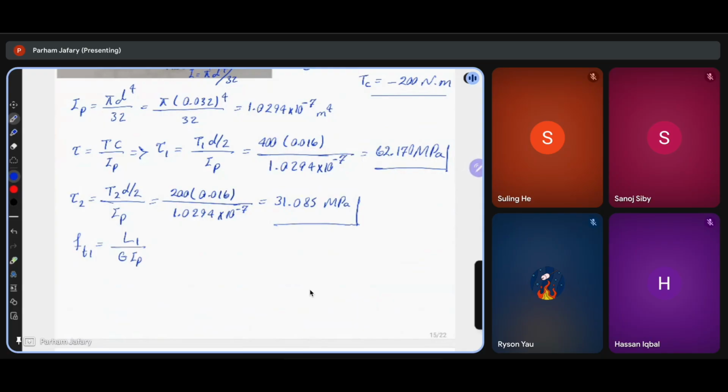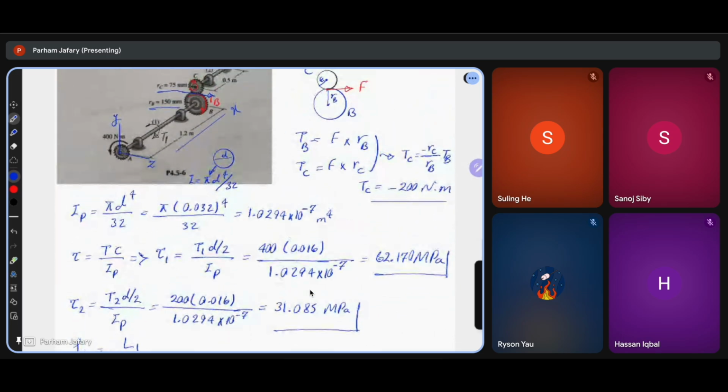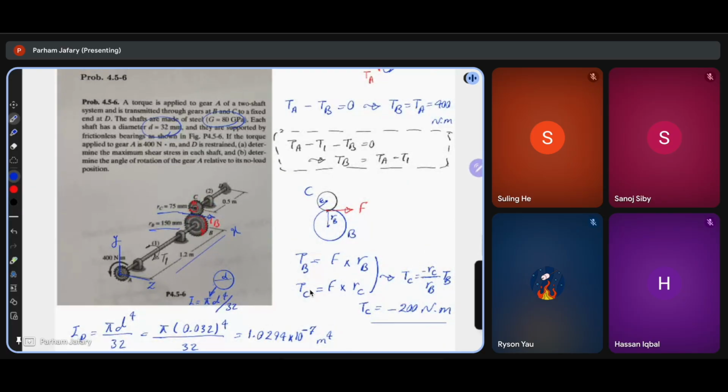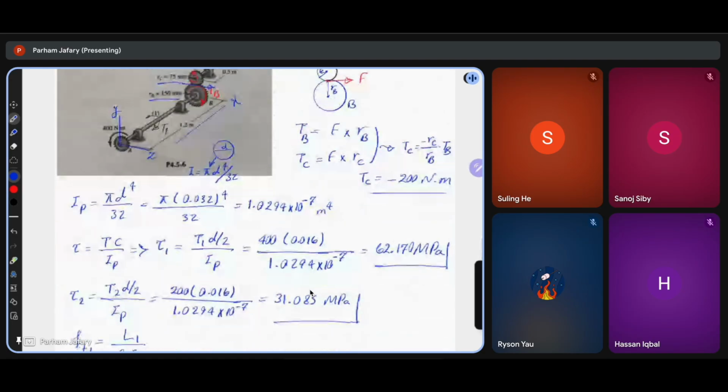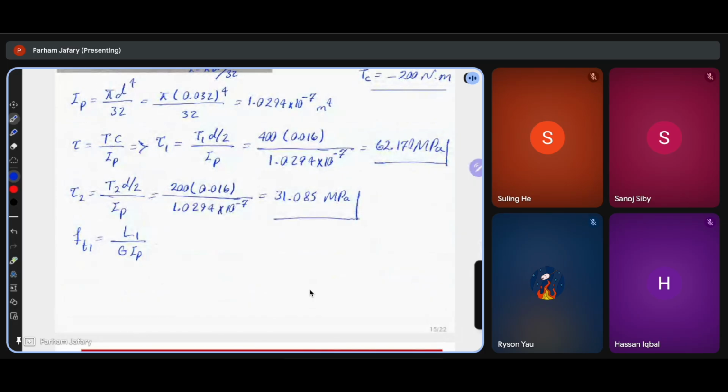So for the first shaft it is L1 over G times IP. Both shafts have the same shear modulus of 80 gigapascals, and they just have different lengths.